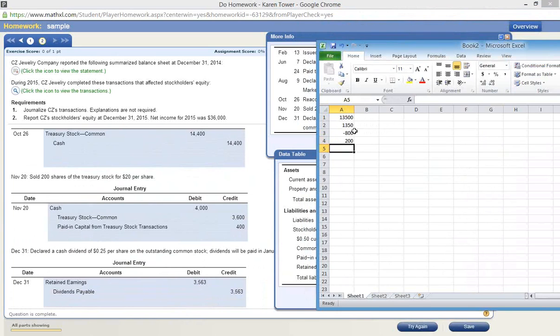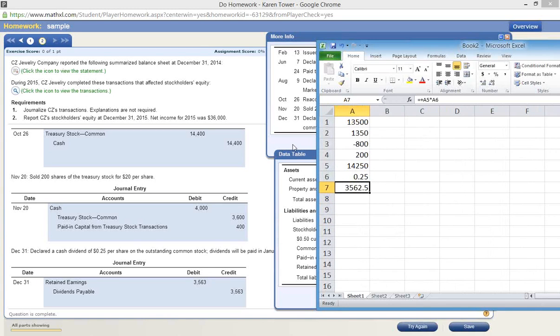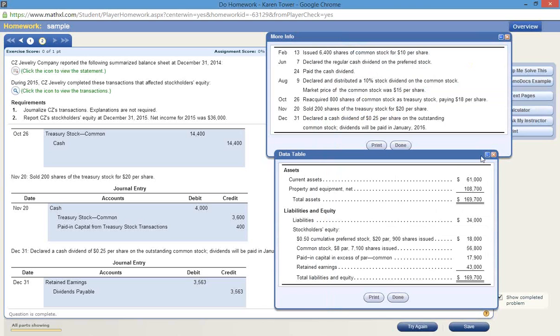So add 200 back. So we ended with 14,250 shares of stock outstanding, 25-cent per share dividend. $35.62, and it told us to round that to the nearest dollar in our instructions down here. And that's that. That's how that one works out.